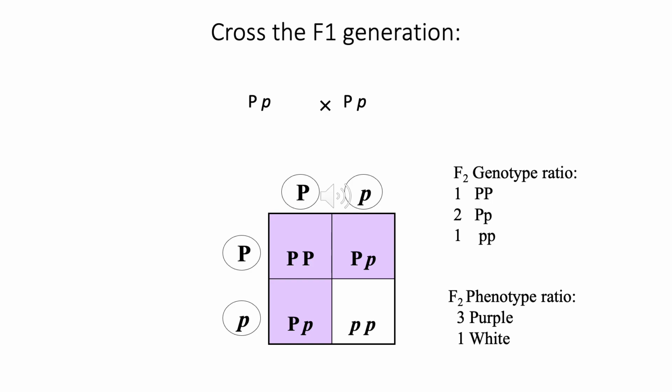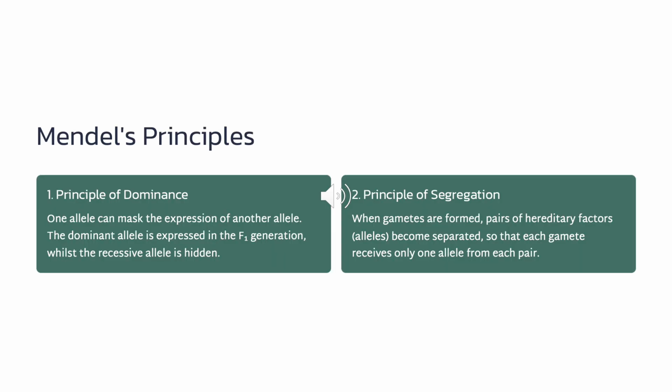for the recessive. So what Mendel wanted to describe here is, first, Mendel's principle of dominance, and the second one is the principle of segregation. The principle of dominance is when one allele can mask the expression of another allele.